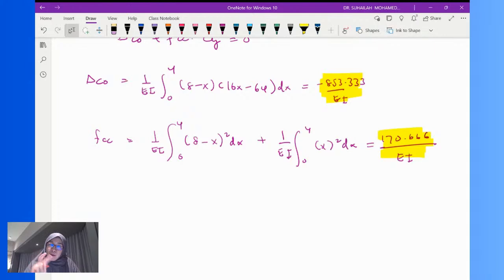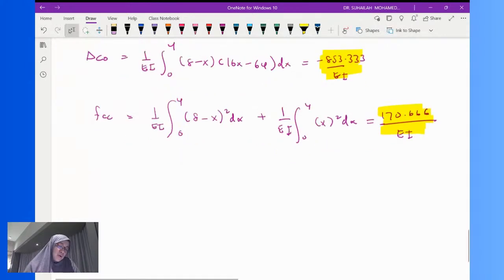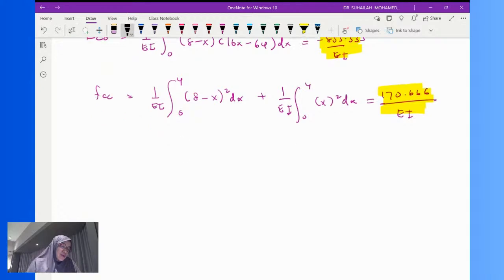So we want to substitute these two values into the compatibility equation.